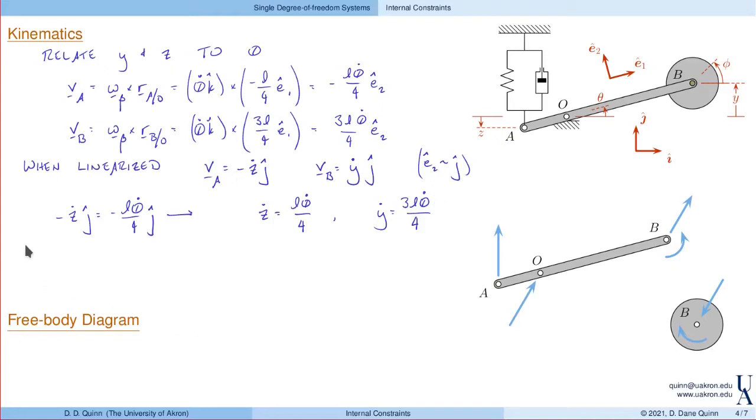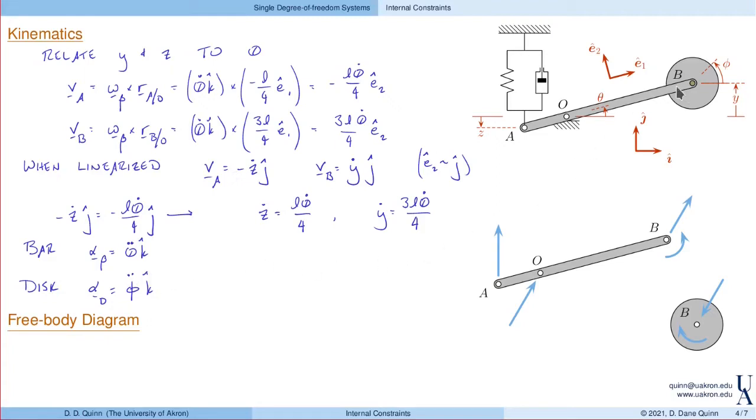Now, for the kinematics of the bar, we can identify the angular acceleration as theta double dot in the k direction, while the angular acceleration of the disk is in terms of phi, phi double dot in the k direction.